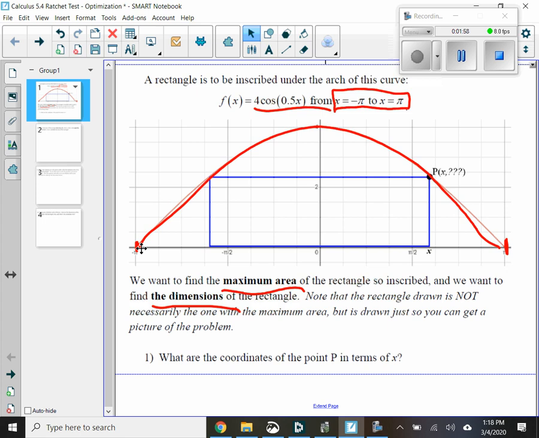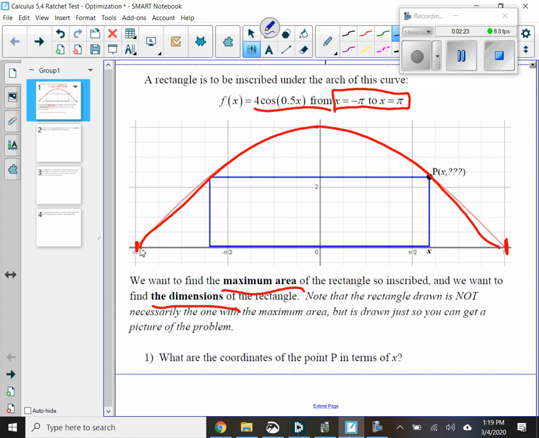So the first question that I ask here is, what are the coordinates of the point P right there in terms of x? Does anybody want to volunteer an answer? Well, I already gave you half of the coordinates. I said this is point P and it's x. What's the y value?